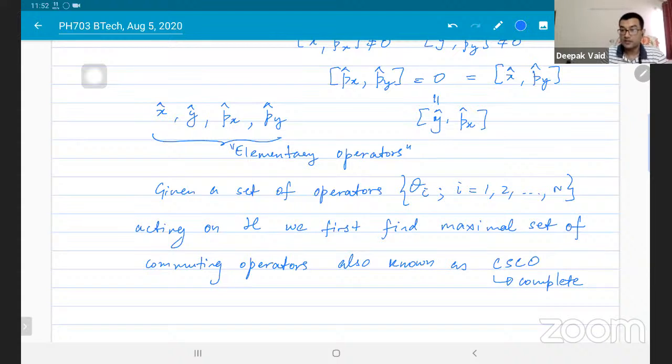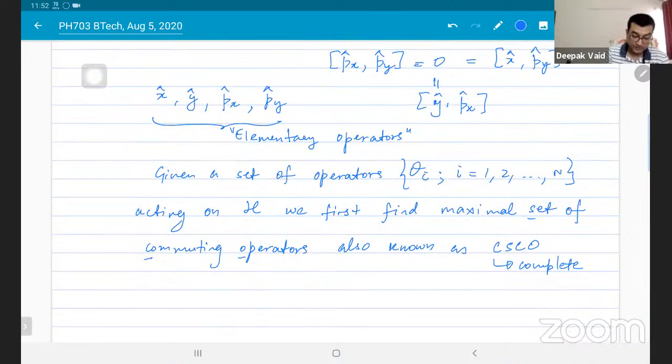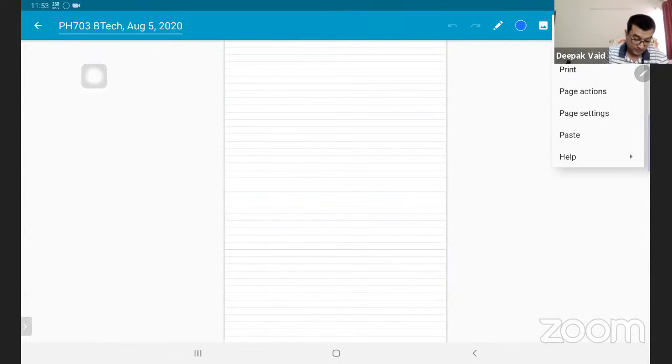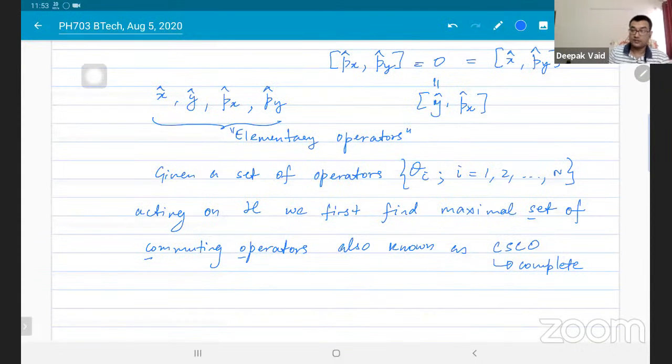So this is called a complete set of commuting operators, CSCO. Given a set of operators, we want to find out in general how to write this down. We find out what is the maximal set of commuting operators.